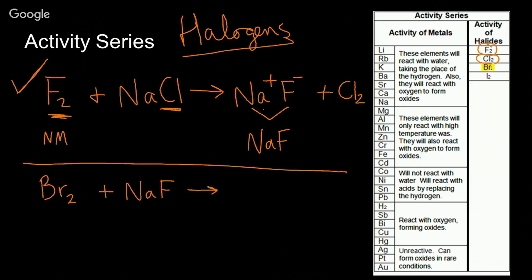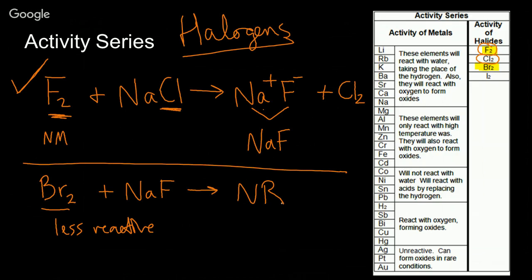Bromine is right over here on the chart, and fluorine is up above it. So the fact that in this example bromine is less reactive means that it doesn't have the chops necessarily to kick out fluorine. So the result is no reaction.